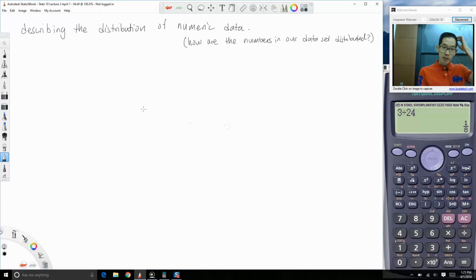Okay. And so with a histogram, you get to see things like the shape of the distribution. All right, so I'm going to draw a histogram that looks like this.